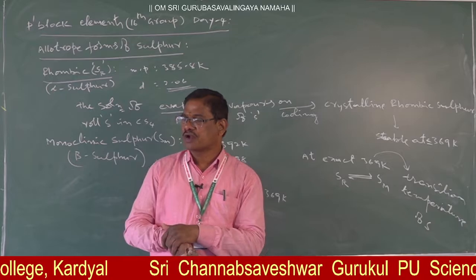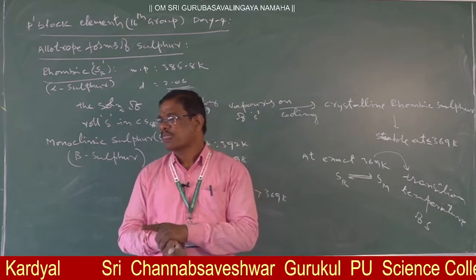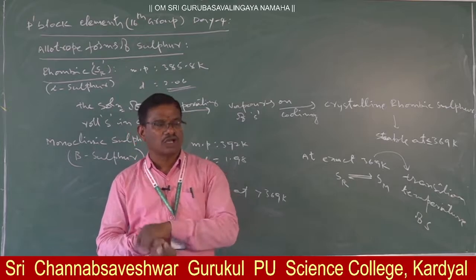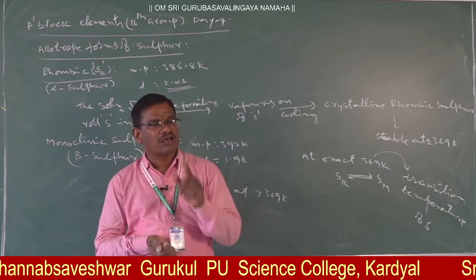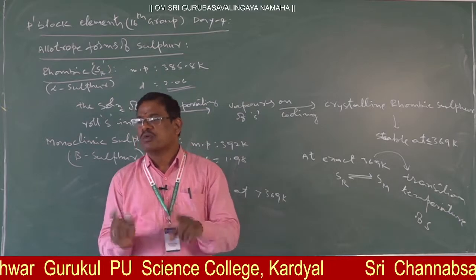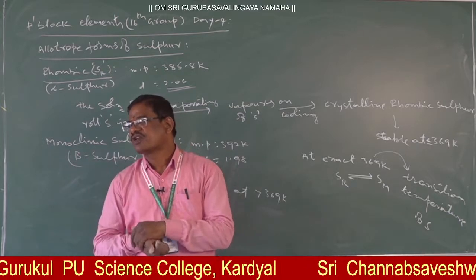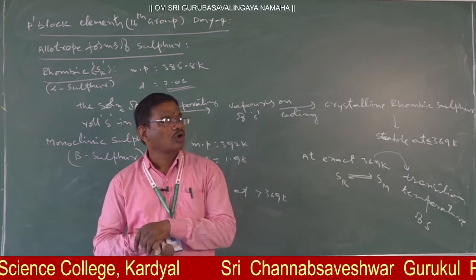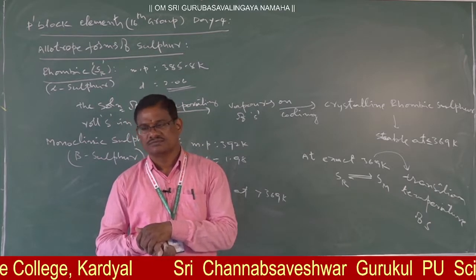Even rhombic sulfur is readily soluble in carbon disulfide. In CS2 both the sulfurs are soluble, whereas in benzene, alcohol and ether the rhombic sulfur is partially soluble. Both of them are insoluble in water. Clear? So these are the allotrope forms of sulfur, right?